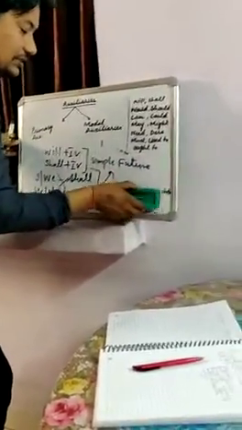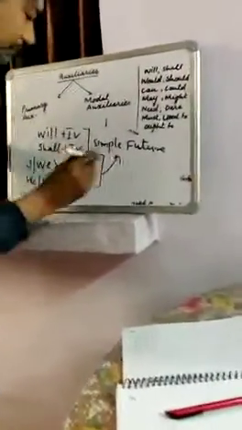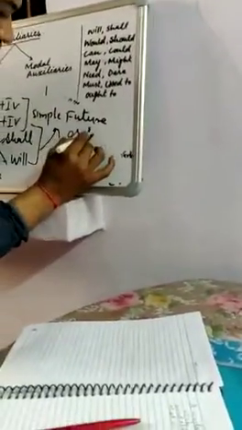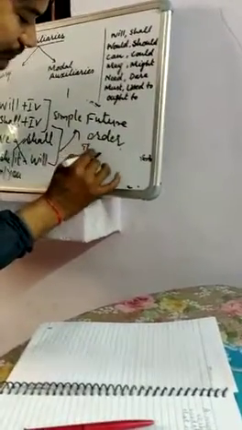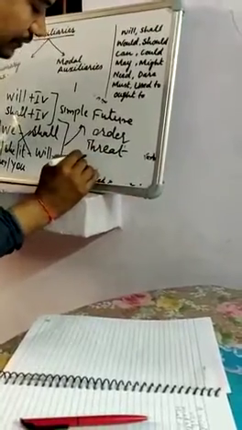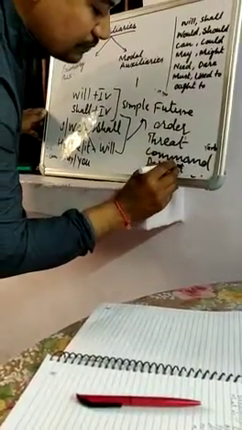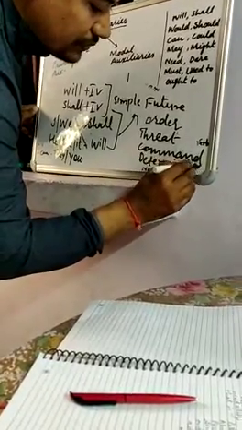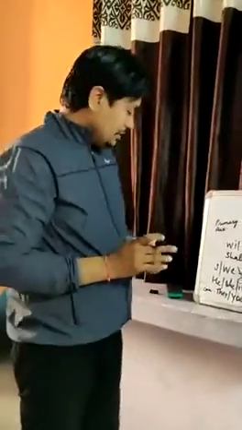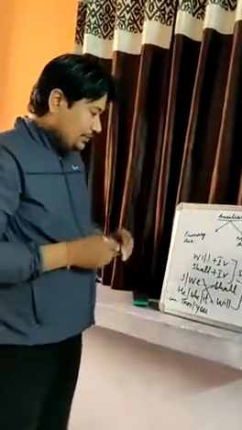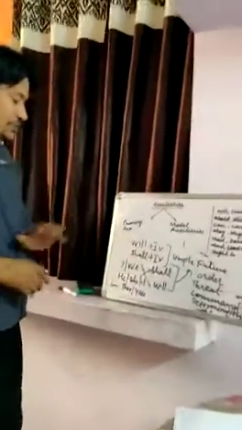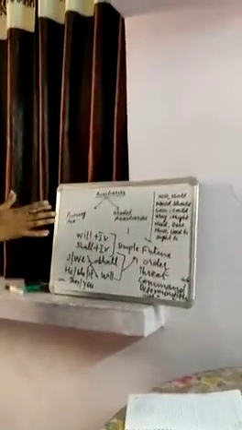Then will and shall indicate order, threat, command, determination, strong willpower, etc. So dear students, today we shall learn that will and shall both are modal auxiliaries.